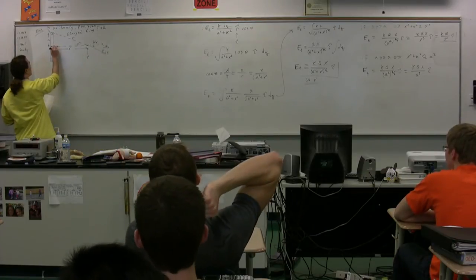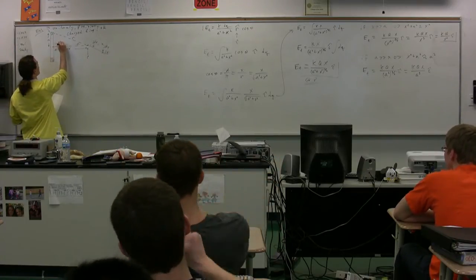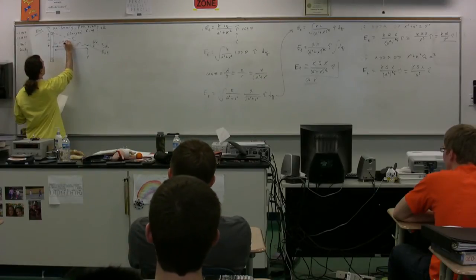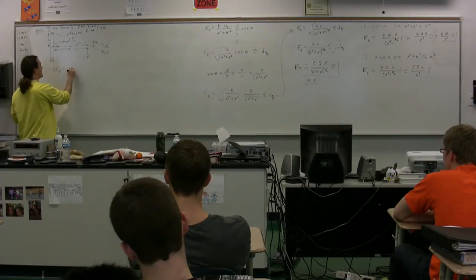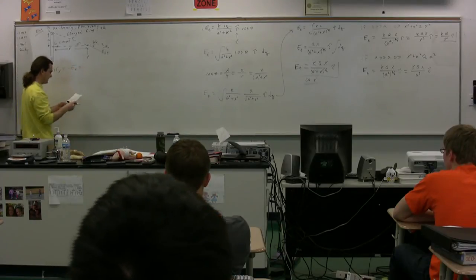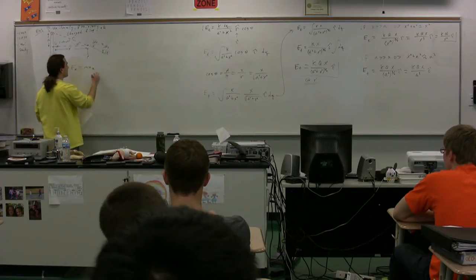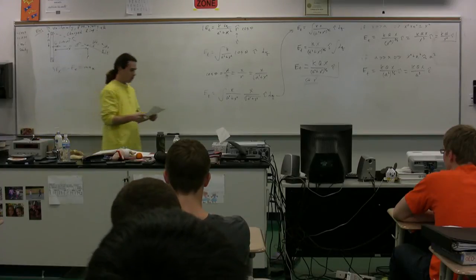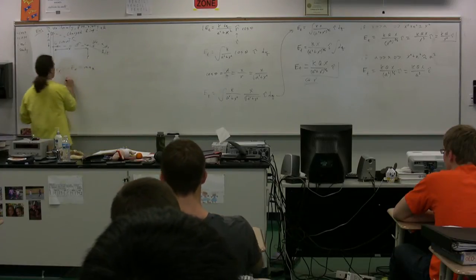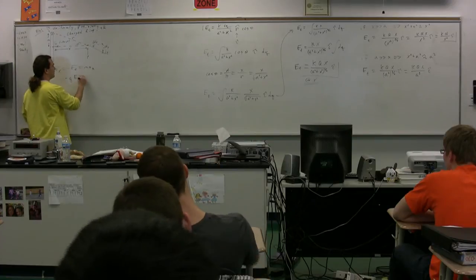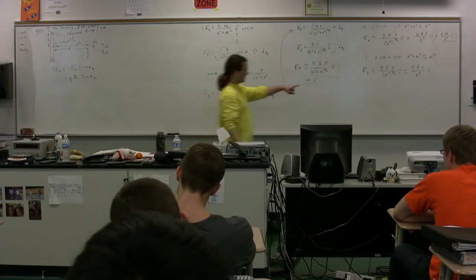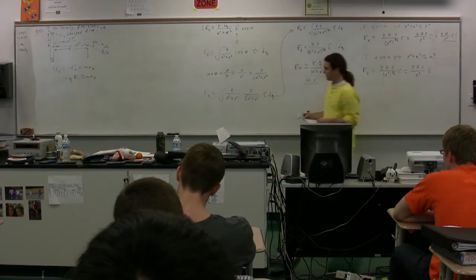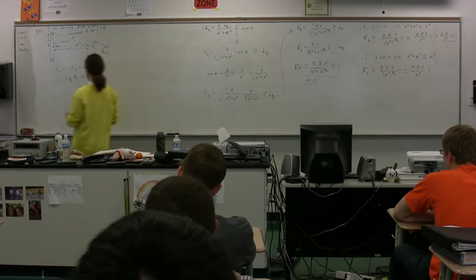So there would be an electric force acting this way because it's a negative charge. When we do so, if we sum the forces in the x direction, we get the negative electric force is equal to mass times the acceleration in the x direction. Well, we know that the electric force is equal to q times the electric field, which is equal to mass times the acceleration in the x direction. We can substitute in the electric field here, so we get negative.